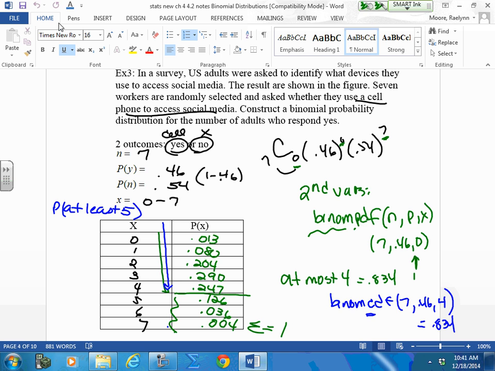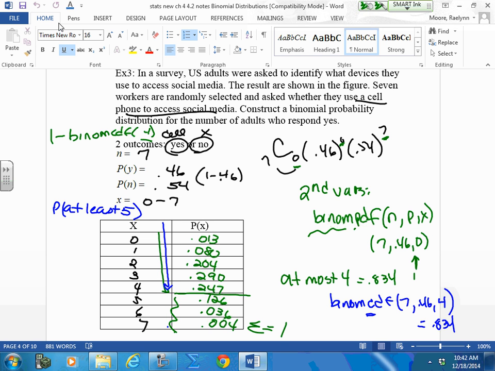I think it's easier on your table to see when you can use your complement because nothing overlaps. I can't use my cumulative for this because my cumulative only starts from the 0 on up. If I wanted to, I could do this: 1 minus my binomial CDF, and do my 0 to 4 on this. Do it up to the 4.